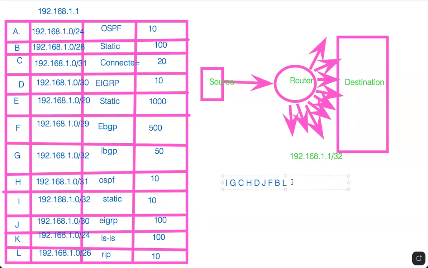So A, then K. What else are we left with? /23, nothing. /22, nothing. /21, nothing. /20 is there, which is E. Okay. So I, G, C, H, D, F, J, B, L, A, K, E. If you got this answer, you're right. I hope most of you got the same answer and followed the same methodology.